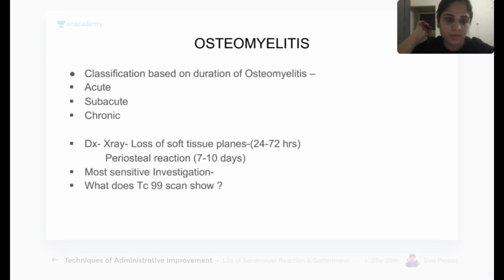Now, your osteomyelitis can be classified on the basis of duration of symptoms, into acute, subacute, and chronic. So when do you call something acute osteomyelitis?